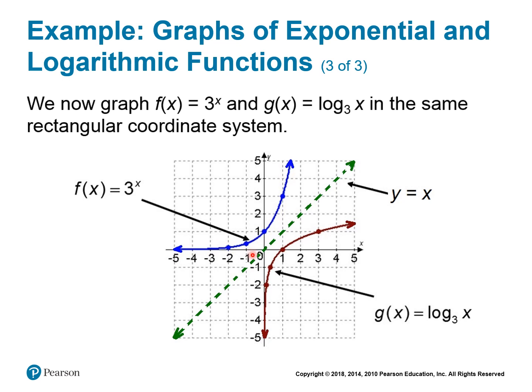The next point was (-1, 1/3), so at -1, we have this point just 1/3 of the way between 0 and 1 on the y-axis. When x was 0, y was 1, and when x is 1, y was equal to 3. So we have the four points and we connect them and we get this graph of the exponential function.